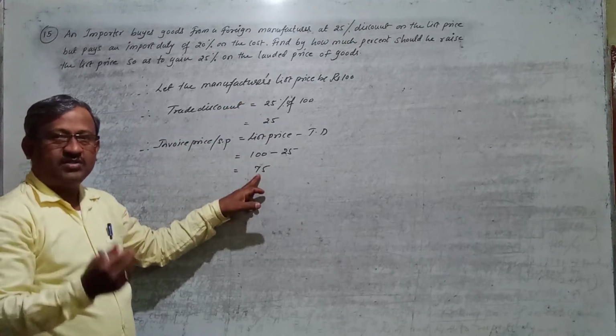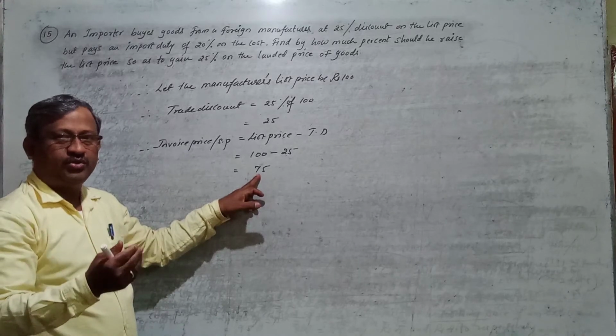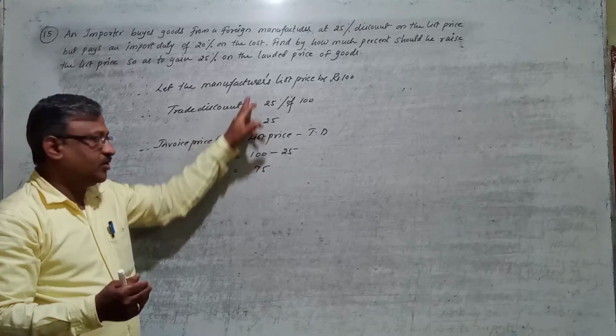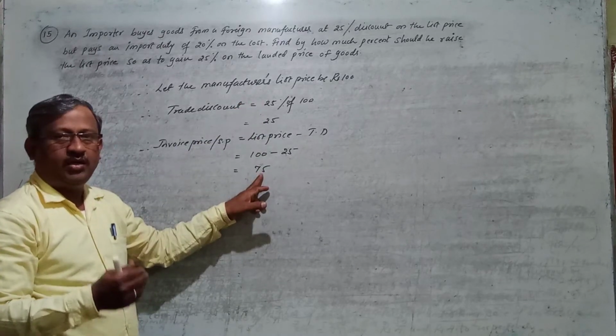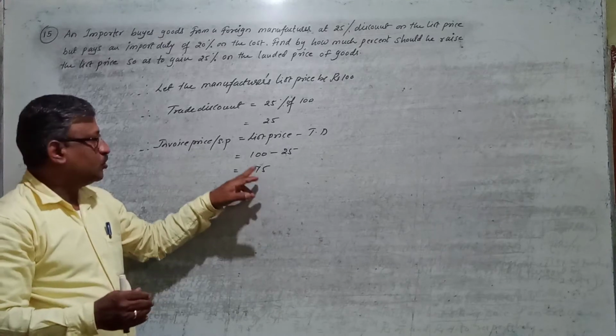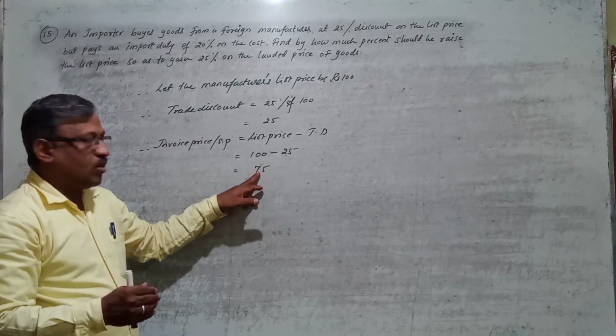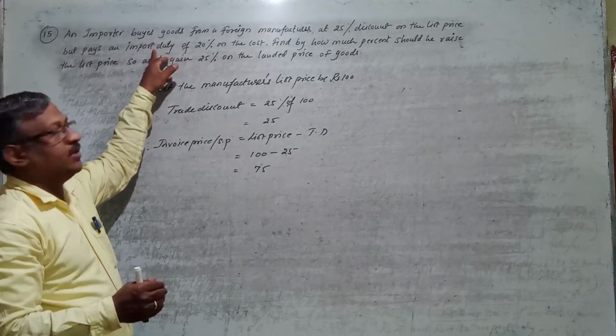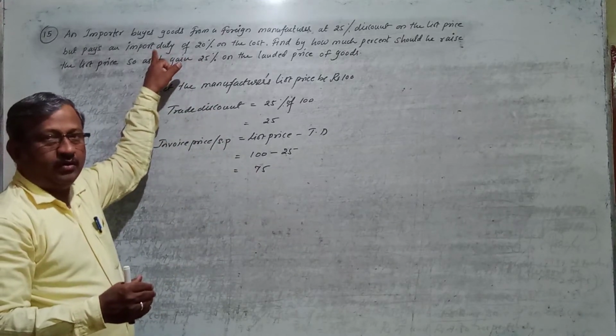Now the importer is the buyer. So he is importing the goods, he is buying the goods. So the selling price of the foreign manufacturer becomes the cost price to the importer, right? So this is the cost price of the importer now. Whatever the cost of the importer is, 75 rupees, on this you have to pay the import duty, right?